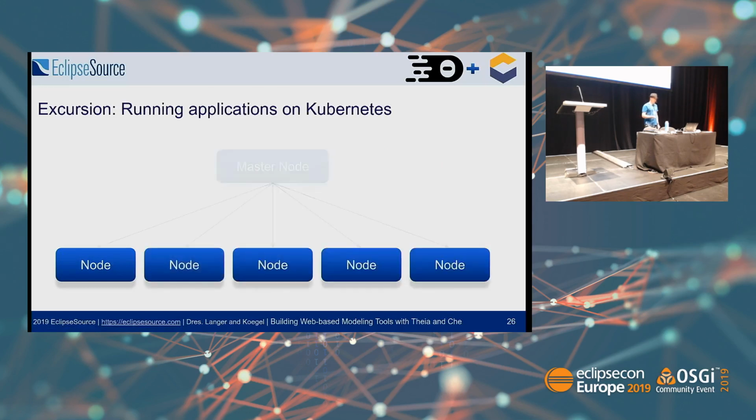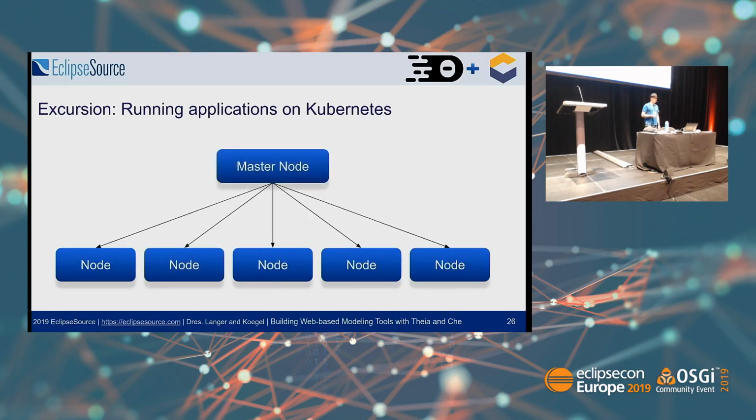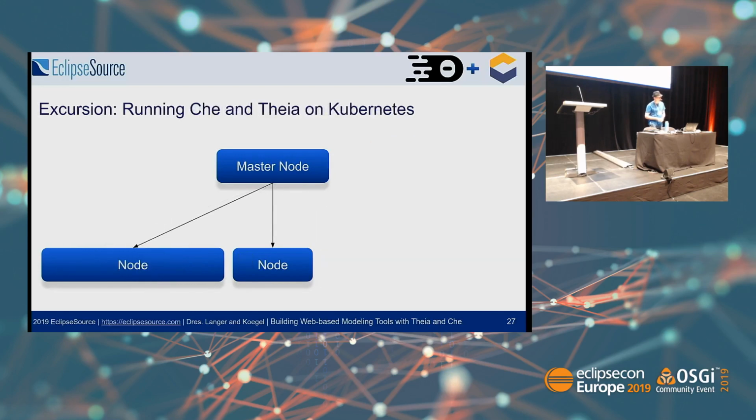I will skip the excursion on Kubernetes. Actually, Che runs on Kubernetes to supply you with those workspaces, but I think we don't have enough time to go into that anymore. And also how Che and Theia work on Kubernetes. Just as a quick wrapper, Kubernetes allows you to have a cluster with multiple nodes that are physical machines or VMs, and it allows you, in combination with Che, to push workspaces to that node.